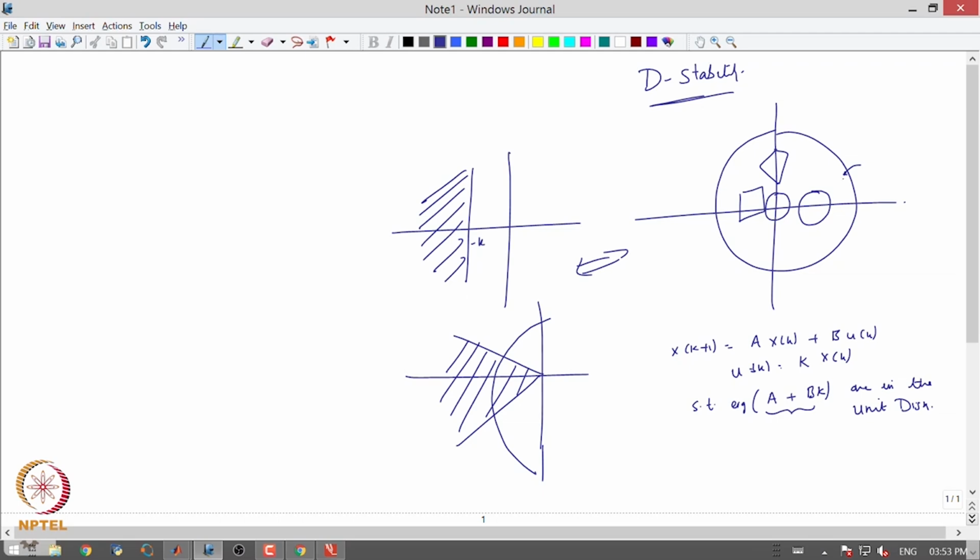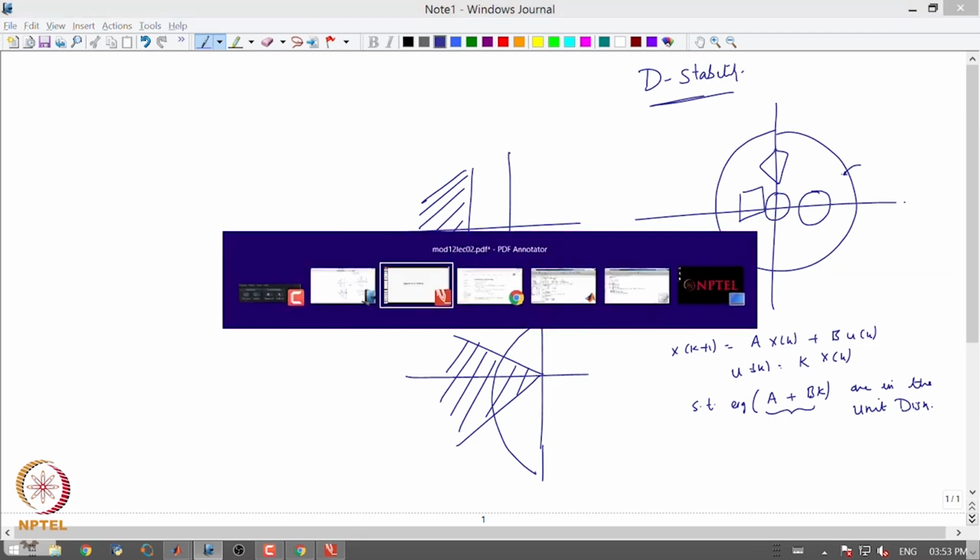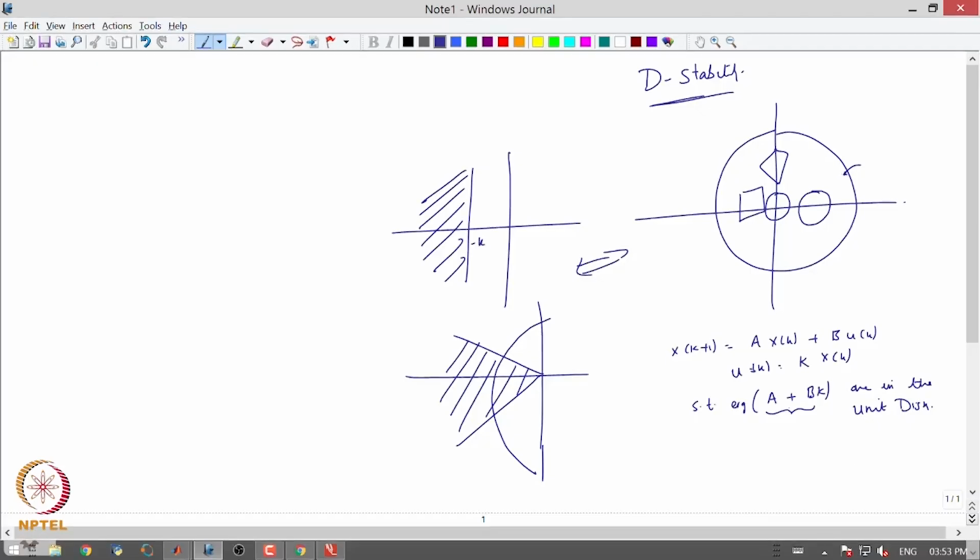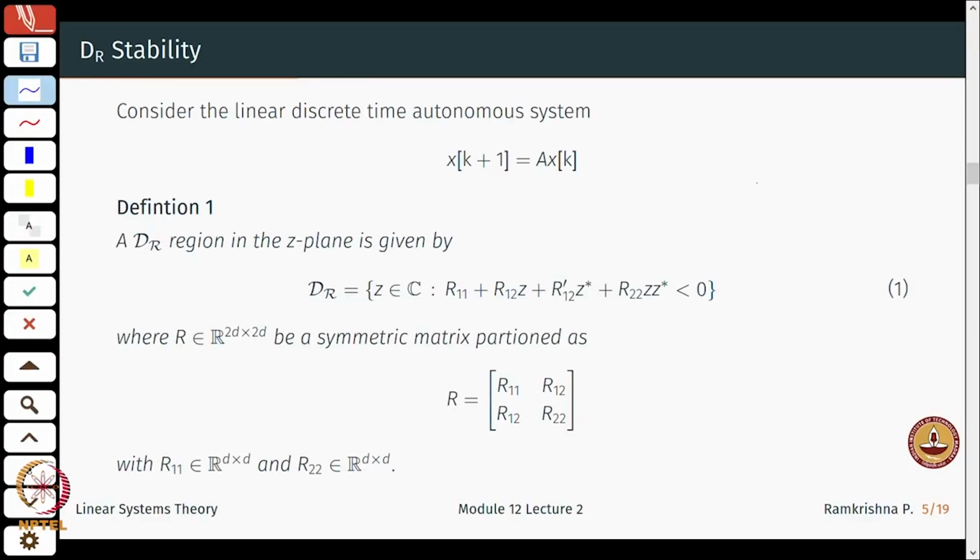So let's look at, for example, this particular thing in the discrete time case: how do I solve for my poles to be in one predefined region of the stable region. Let us look at the autonomous system to begin with. A DR region is defined by this following relation.